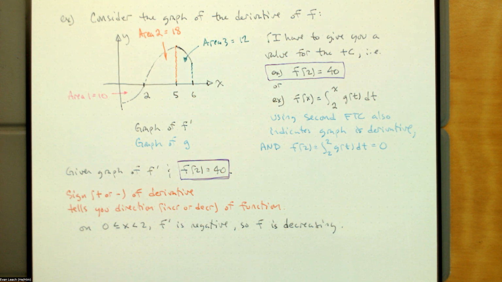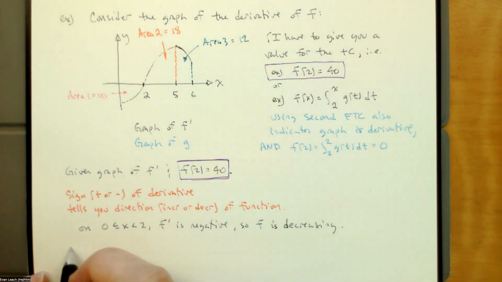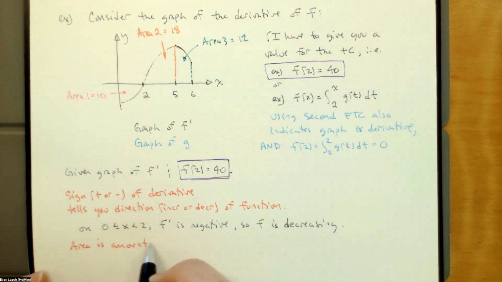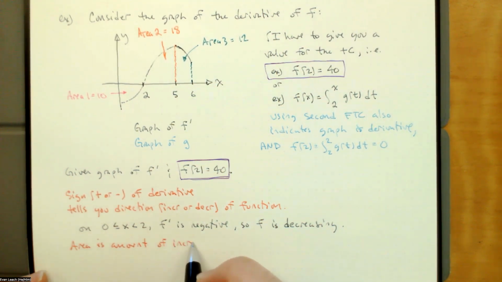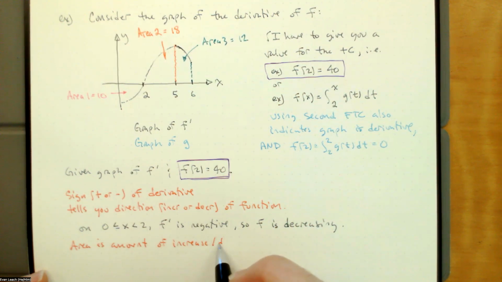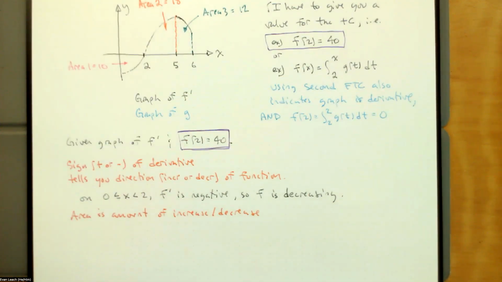In addition, the area tells us how much increase or decrease. So since we know the area from 0 to 2 is 10, we know that the function is decreasing and the function decreased by 10.